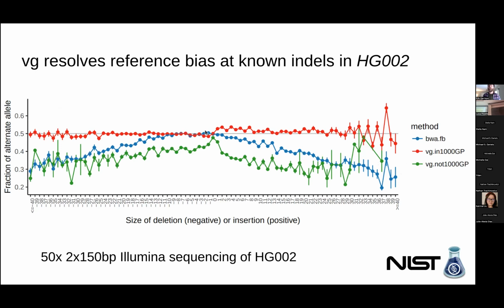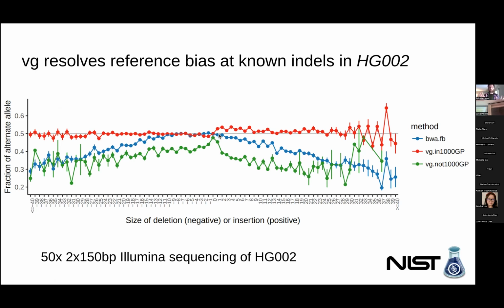And what this is showing us is that at a SNP, the delta to the reference is 0. If we go positive, it's basically an insertion relative to the reference, and negative is a deletion relative to the reference. And that's how we've organized the data. So for SNPs, you see exactly half and half.